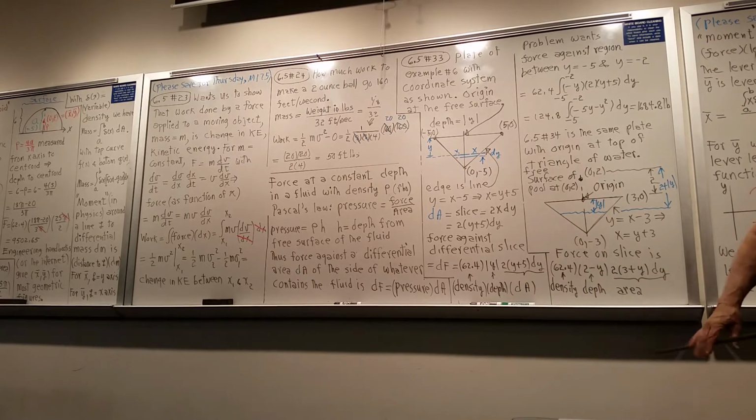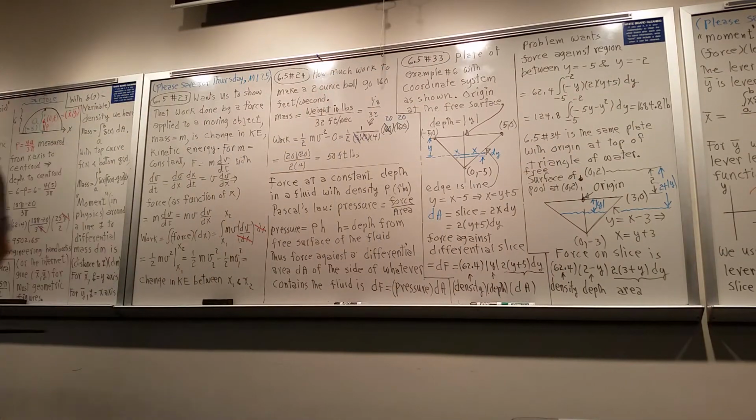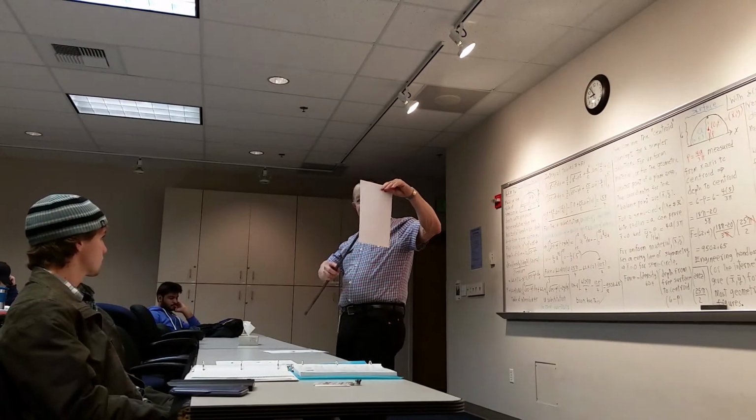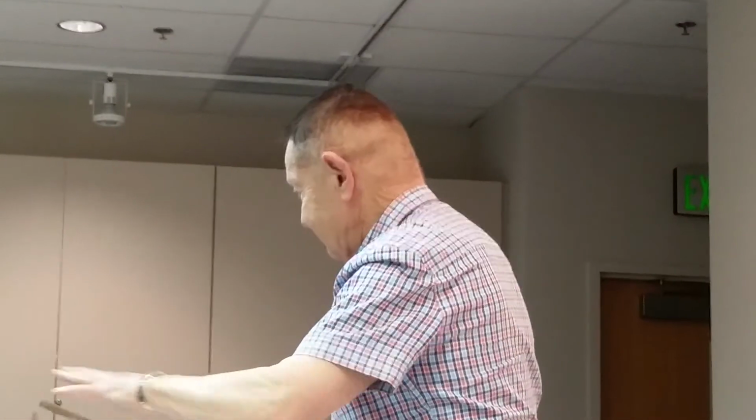This is much the same situation as we were talking about at the start of class with this problem here, the hemispherical tank, measuring from the center of the hemisphere.